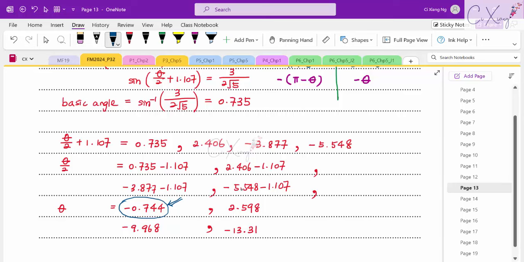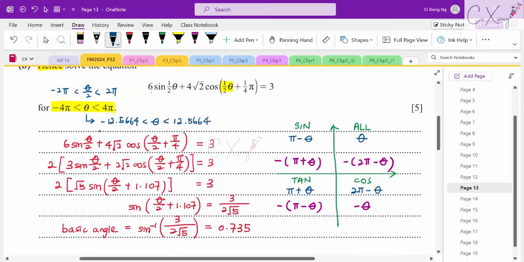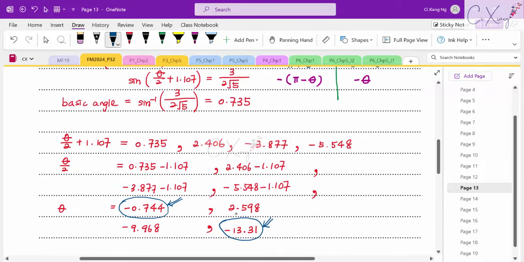And then for these two negative angles, if you try to observe, you realize that this value has already gone out of the range, because our negative value should be until negative 12.5664. So these two answers need some adjustment before we can accept them.